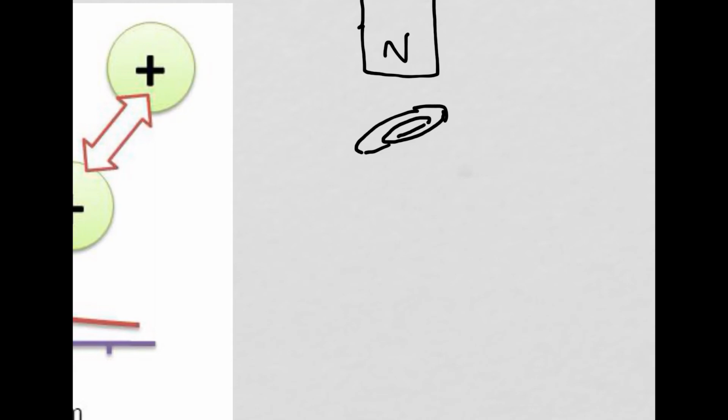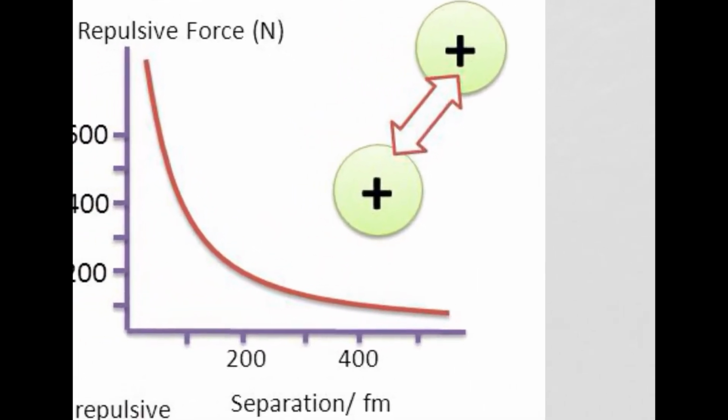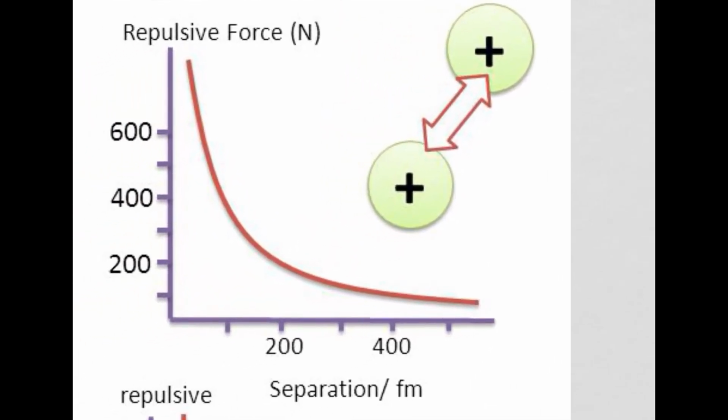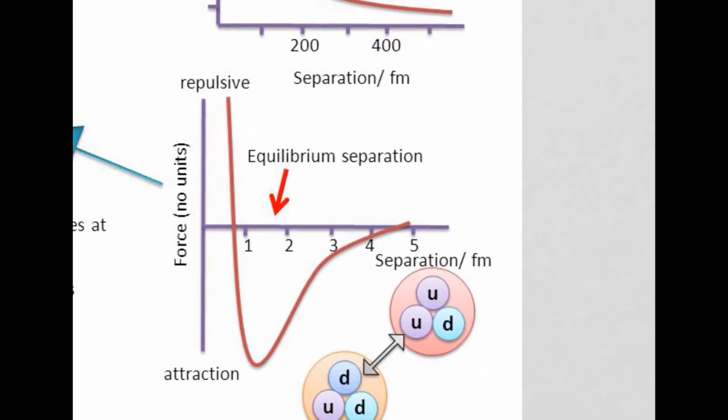That would then give us that situation. And because we're physicists, and we're really rubbish at coming up with names, when they said there must be a force that's stronger than electromagnetism inside a nucleus, they called it the strong nuclear force.